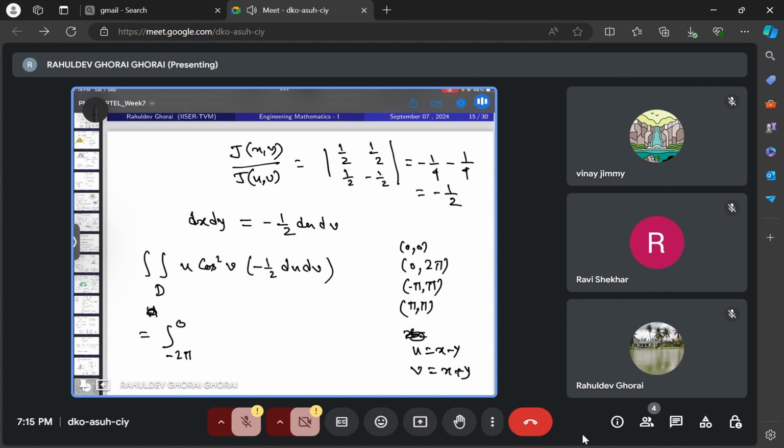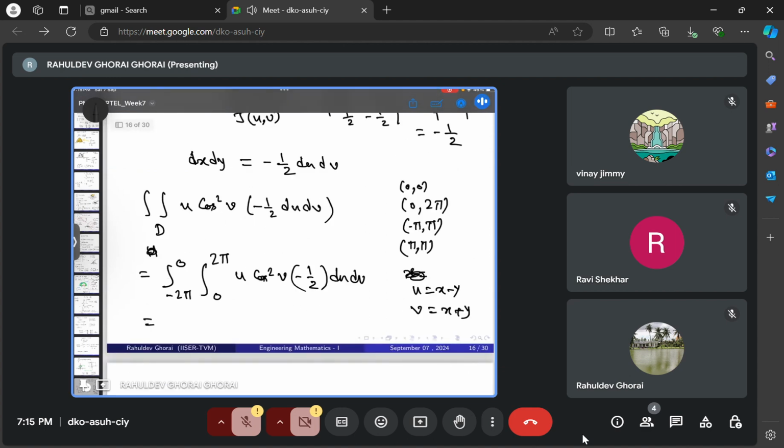You have to take the difference only. Then x plus y, which is v, will go from 0 to 2 pi, and then u cos square v times minus half du dv.